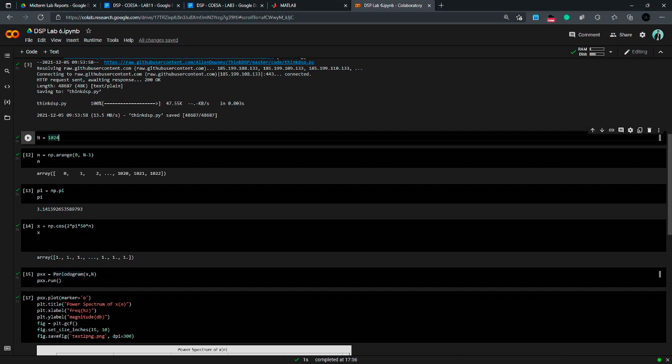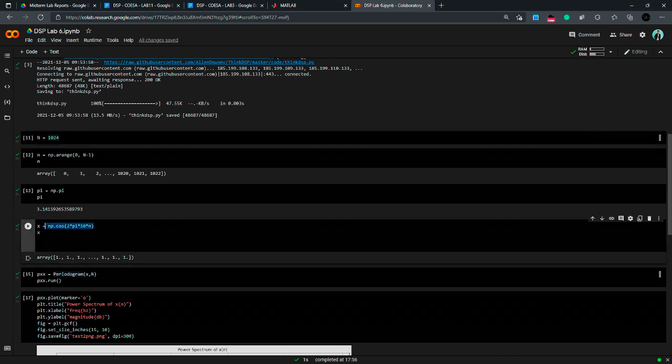For easier calling of pi, we'll set pi equal to np.pi, and then instantiate our given function, which is cosine of 2 times pi times 50 times n.